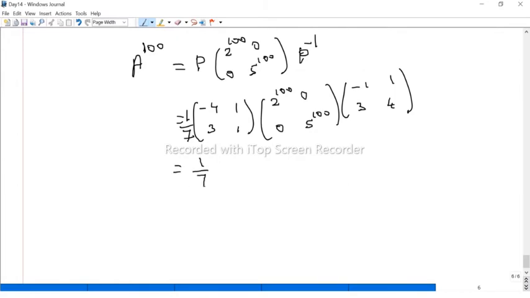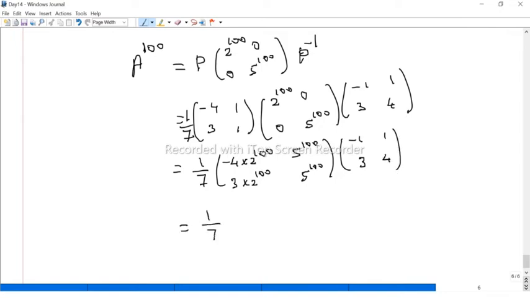So this is 1 by 7 times the product. First multiply these two matrices. What you'll get: minus 4 times 2 to the power 100 and 0, and here 0 and 5 to the power 100, and 3 times 2 to the power 100 plus 0, here 0 and 5 to the power 100, times minus 1, 1, 3, 4.